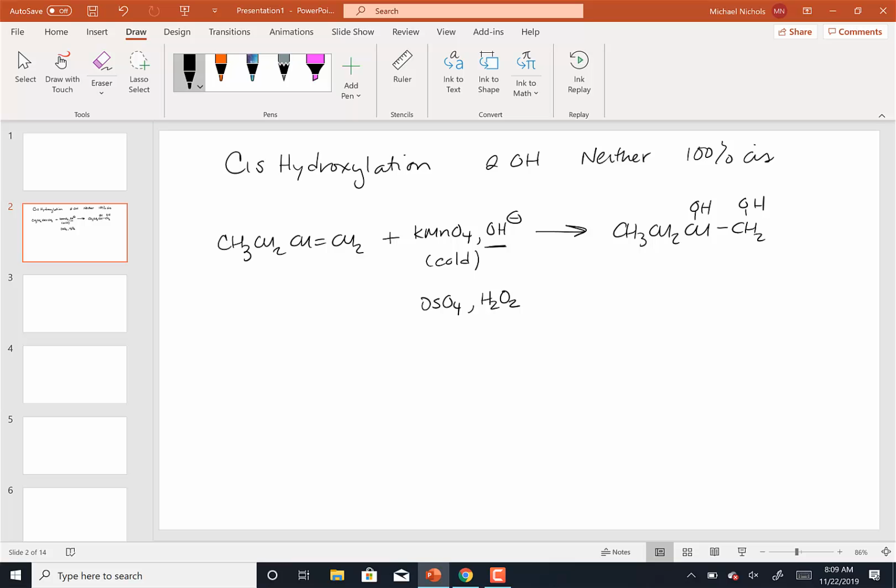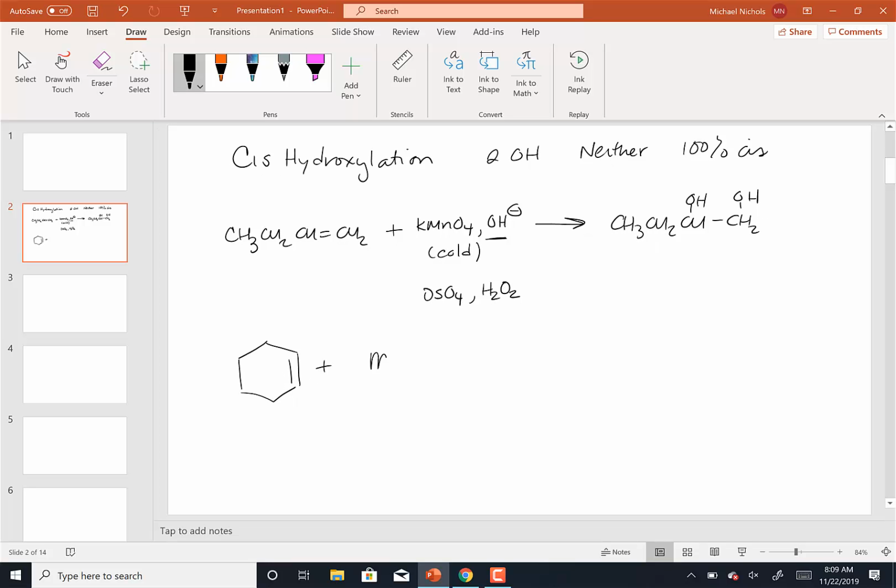And the way this mechanism works is that, for instance, if I took a ring and added KMnO4 to it, or osmium tetroxide, we're going to have the manganese double bonded to the oxygen, so that the manganese looks like this.